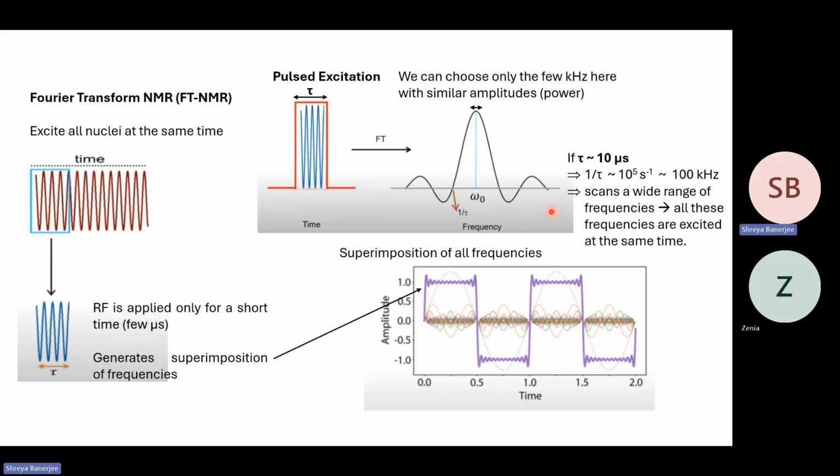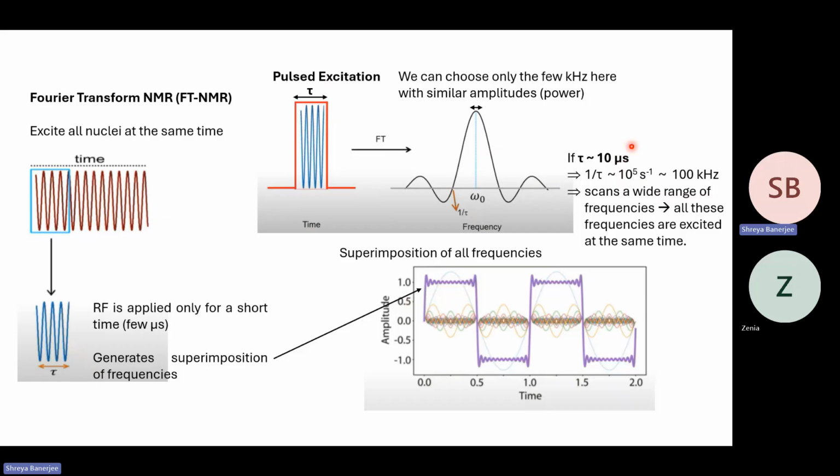Here what happens is that, suppose tau is, so what is Fourier transform? Fourier transform is changing the time axis to a frequency axis. So if time is tau, the frequency will be 1 by tau. So if we are applying the pulse for 10 microsecond, 10 microsecond is 10 into micro, which is 10 to the power minus 6.